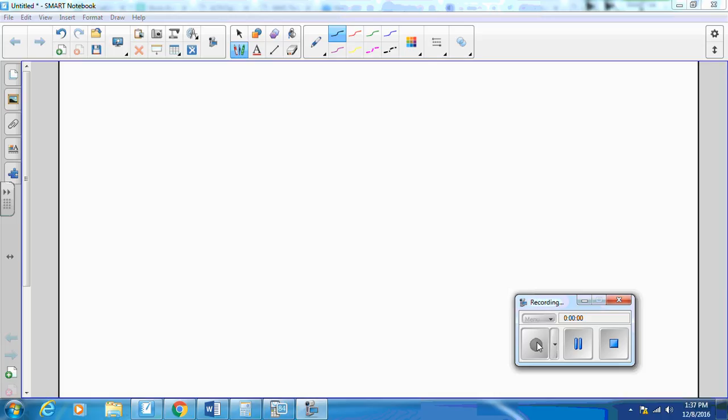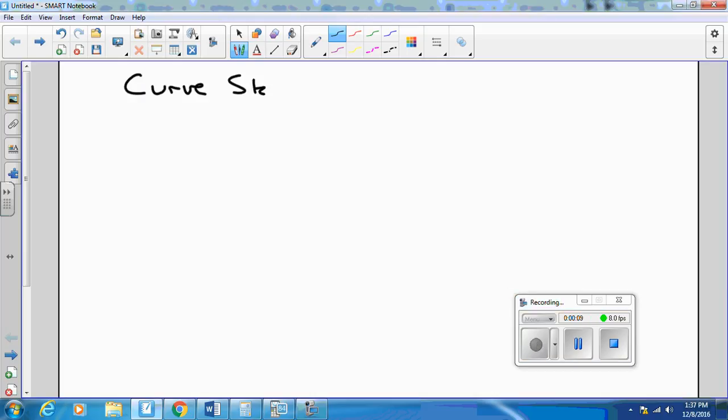Our goal for between now and next Wednesday is that we're going to talk a little bit about curve sketching. And this is going to be very different from our previous material, but it will rely on our previous material because we are going to use derivatives in order to understand the shape of various functions.